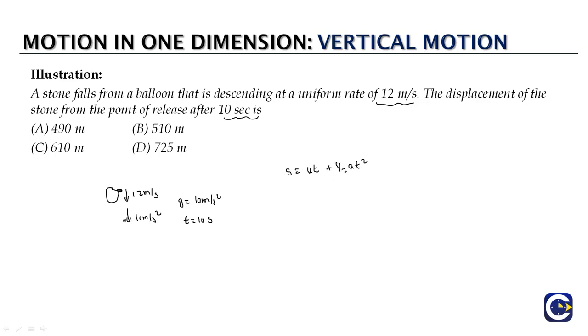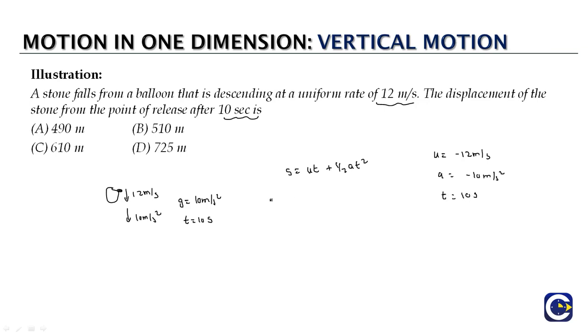Considering the sign convention, the initial velocity u will be minus 12 meters per second since it is in the downward direction, and acceleration will be minus 10 meters per second square since it is also downward, and time given is 10 seconds.